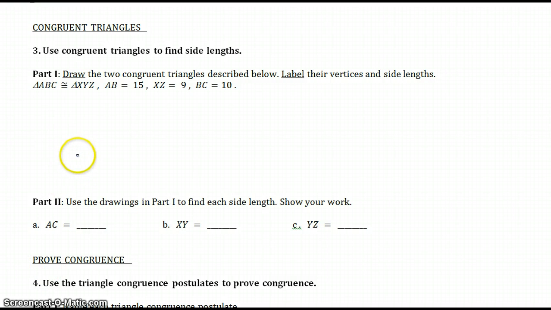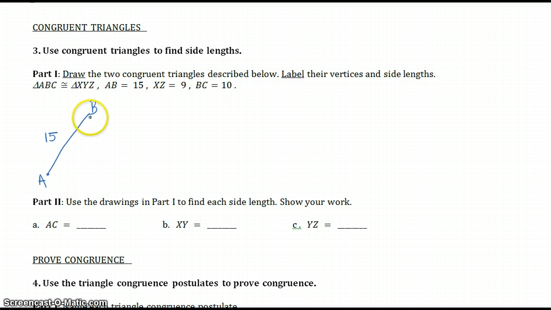So now we're going to talk about congruent triangles. Here we need to draw two congruent triangles that are described. So it says that triangle ABC is congruent to triangle XYZ. AB is 15 units long.